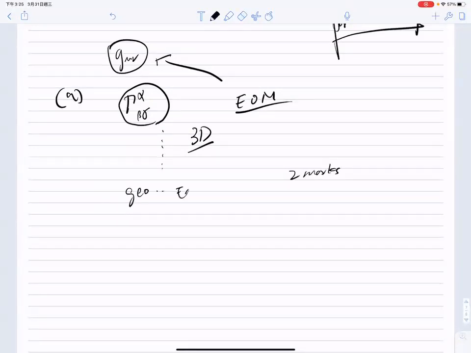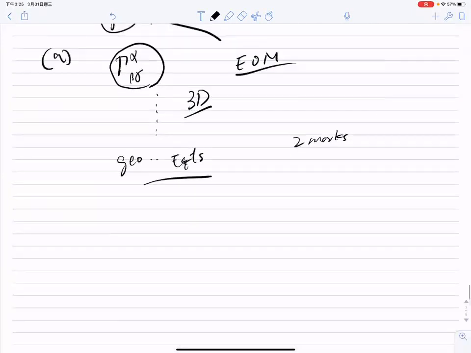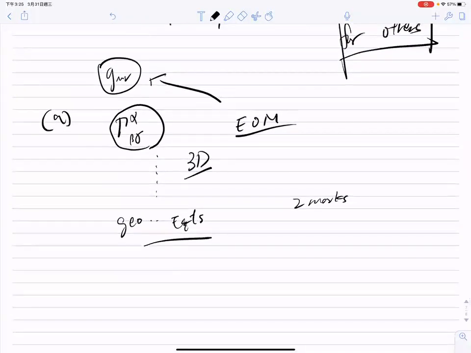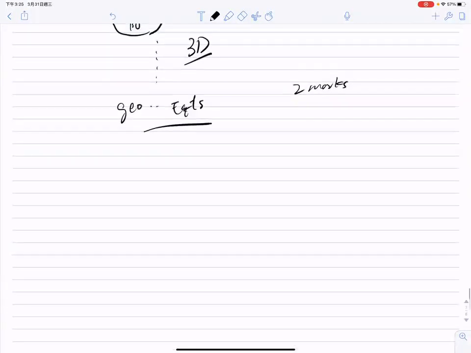Okay, something like that. Another advantage, apart from the efficiency of this way: when you study the physics, the equation of motion, like I give you a Schwarzschild black hole, you have to calculate some conserved variables, like conserved quantities.